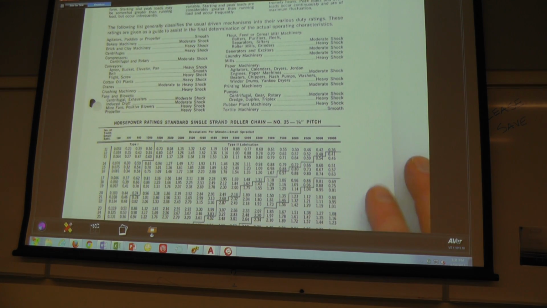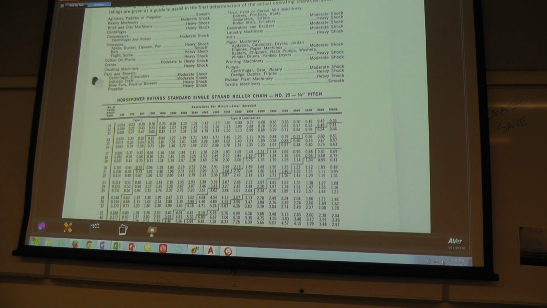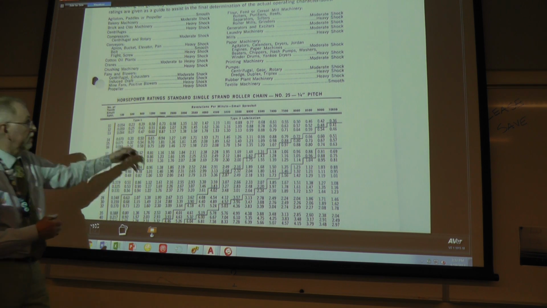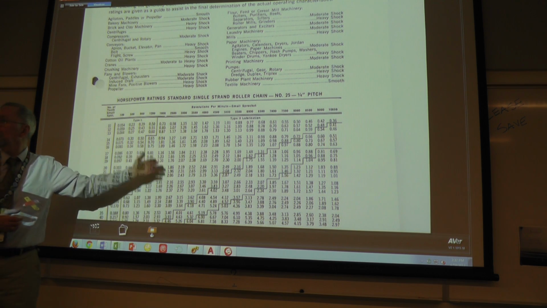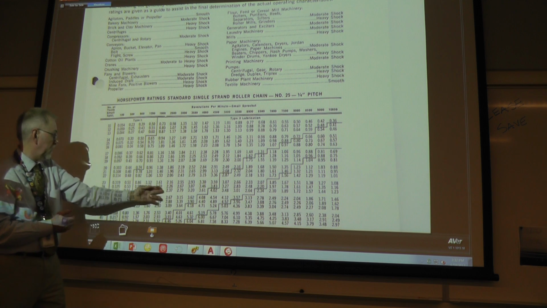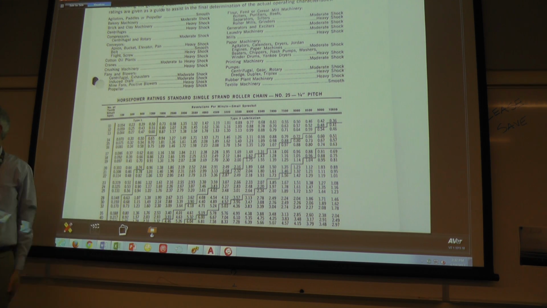And then we'll get to this in the sample problem, but horsepower ratings, standard single strand roller chain, number 25, which has a quarter pitch. We're taking our revolutions per minute, coming down and trying to find where our design horsepower exists in that column of RPM, and this comes over and tells us what the number of teeth are going to be when I start my design process.